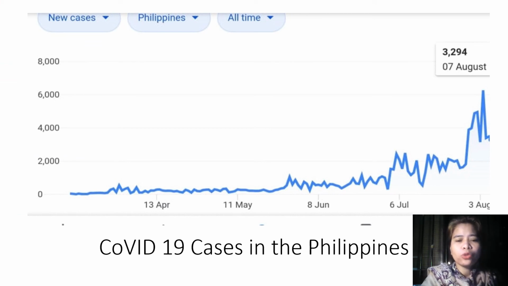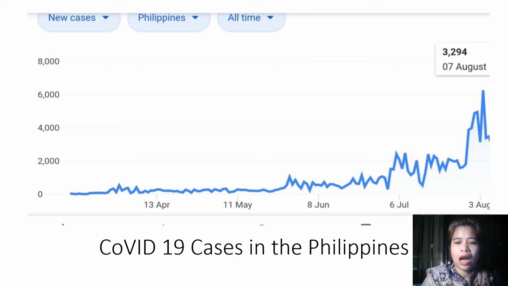Now I want you to look at the statistics of COVID-19 cases in the Philippines, as this data is from March up to August 7. And it's up to you to describe the graph and the epidemiological presentation or pattern of the COVID-19 disease in the country.